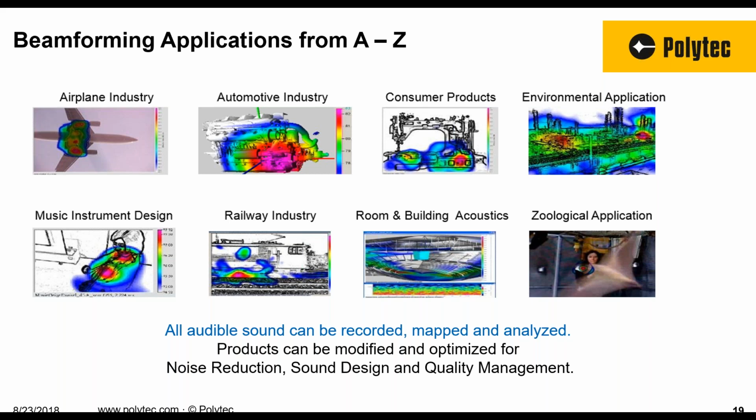Consumer products, always, no one wants a noisy product or annoying noise coming from a product. We've got environmental applications, you've got loud sources at manufacturing plants that may be a concern to the community. Railway industry, room and building acoustics, and even zoological applications, studying animals and how they communicate.